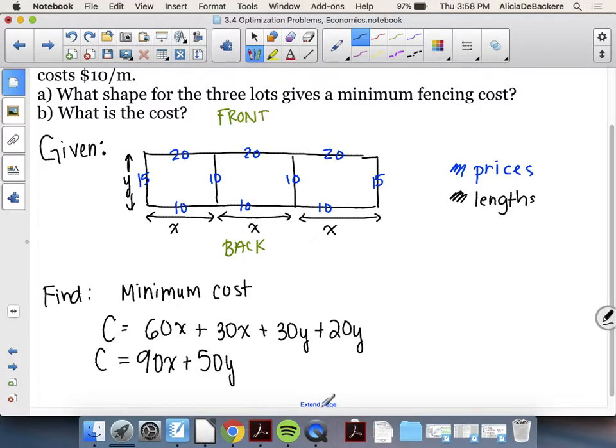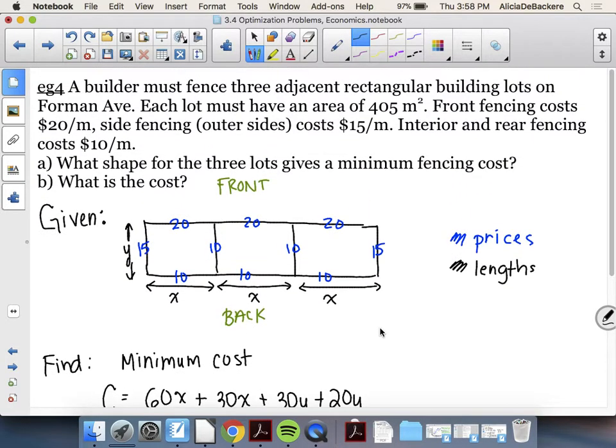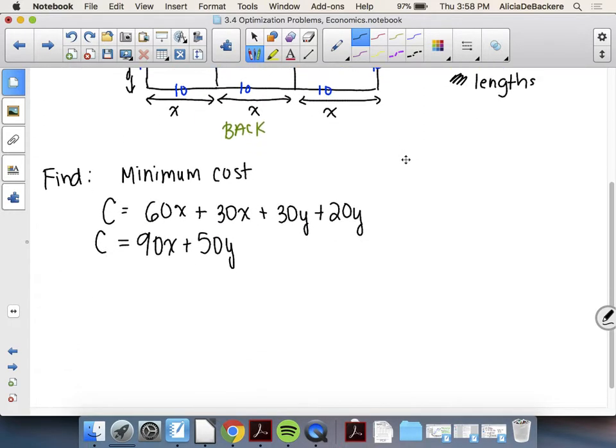So this is nice, but it still has 3 variables, and I want to get it down to 2 variables. The other piece of information that they gave me in the question is that each of the lots has an area of 405 meters squared. So I know that the area of each of the lots is x times y, and that the area has to be 405.